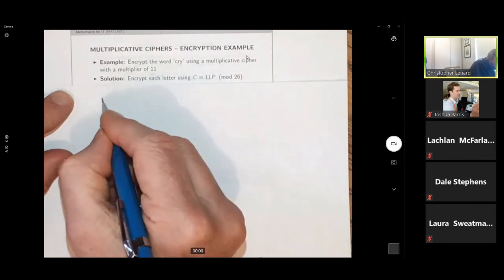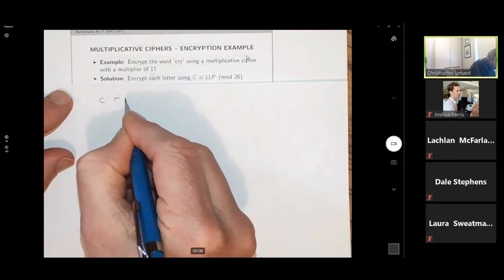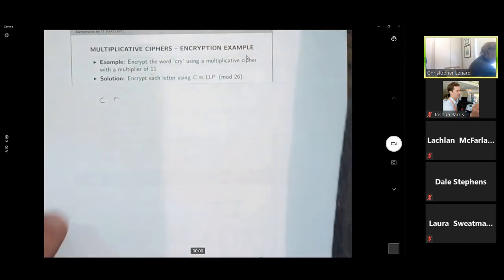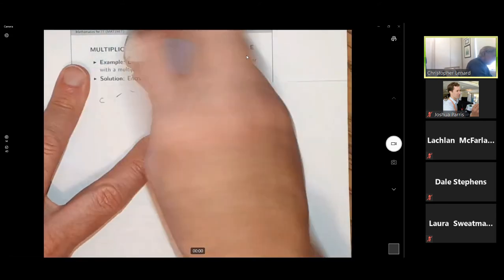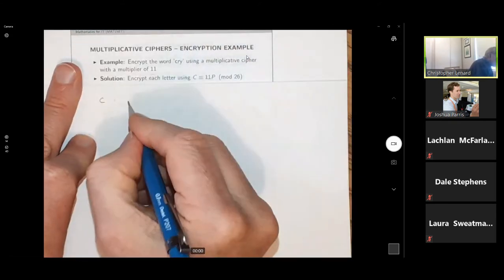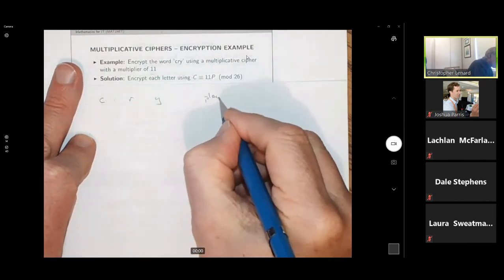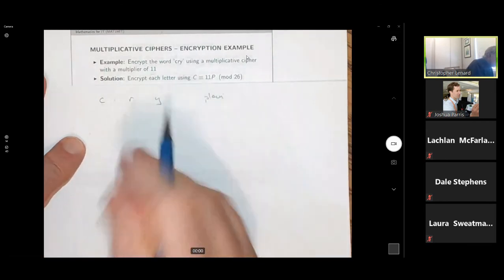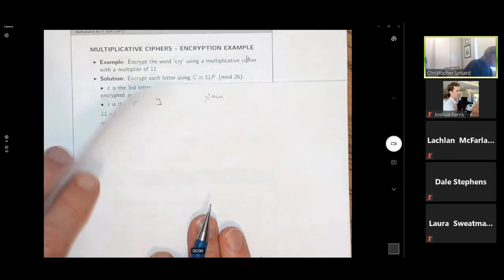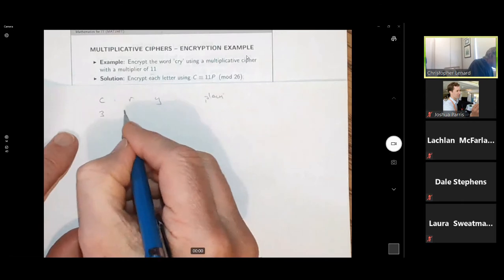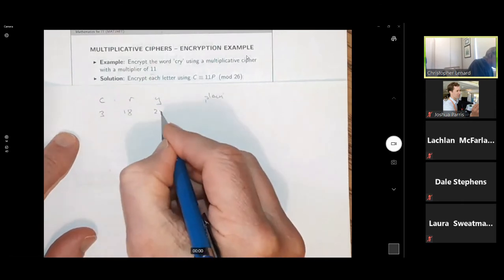So I'm going to write it this way. c r y, that's plain text. Now, it turns out that C is the third letter, R is the 18th, and Y, I think, is the 25th.